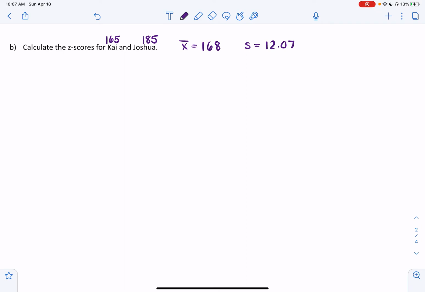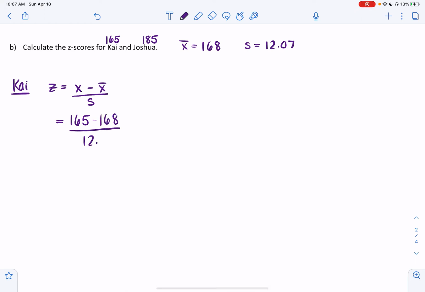So let's start by finding the z-score for Kai. Our z-score is equal to our data point minus our mean, divided by our standard deviation. So Kai's height is 165 minus our mean, which is 168, divided by 12.07.